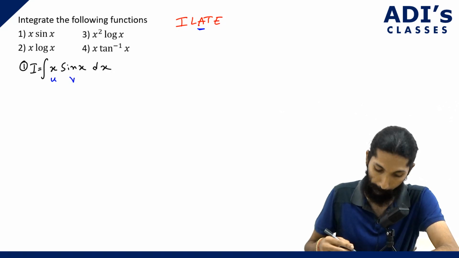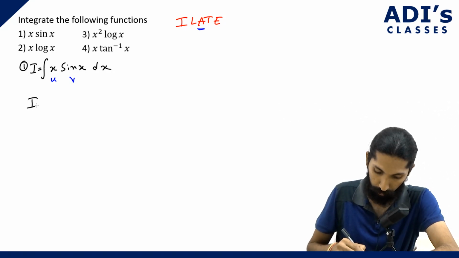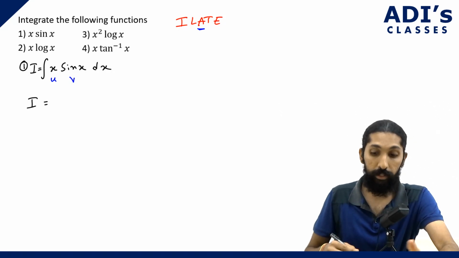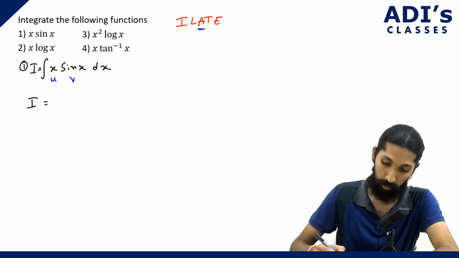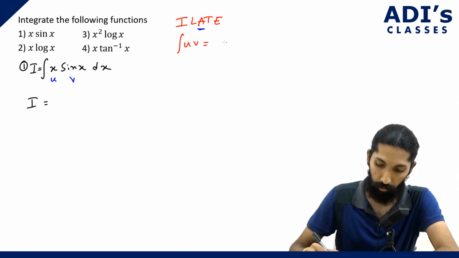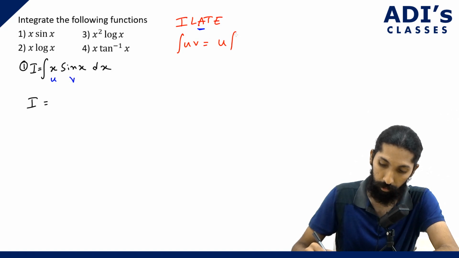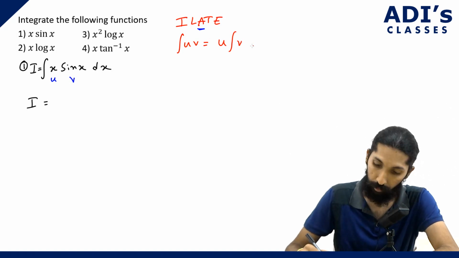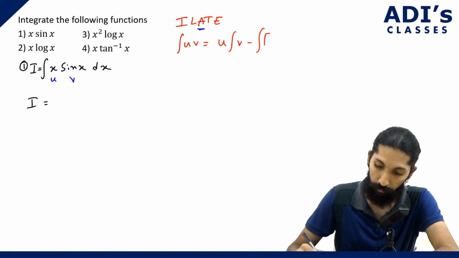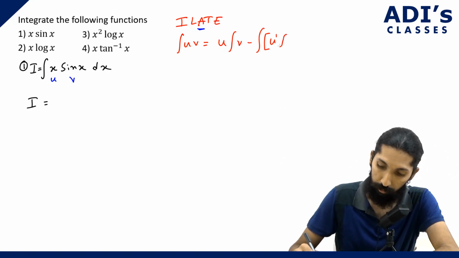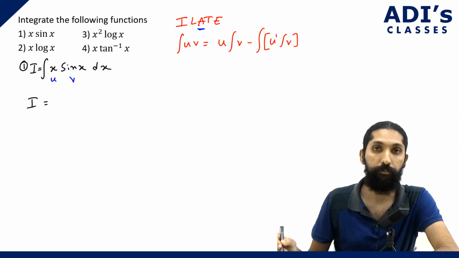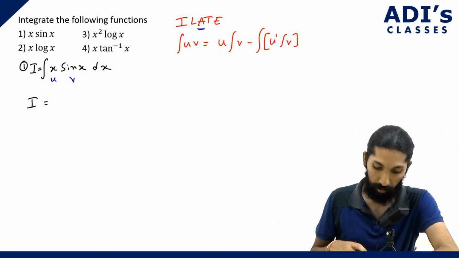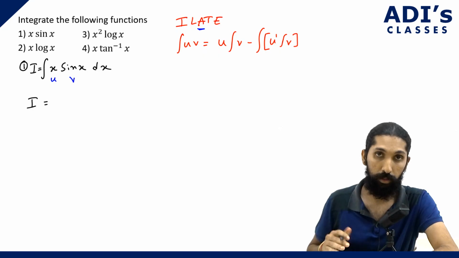So now what we have is I is equal to the integral of u into v, or f of x into g of x. So you have the integral of uv. This is equal to u into the integral of v minus the integral of u dash into the integral of v, correct? This is the formula.